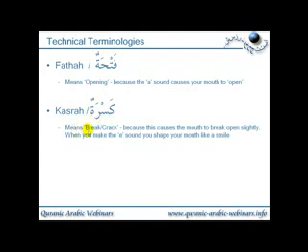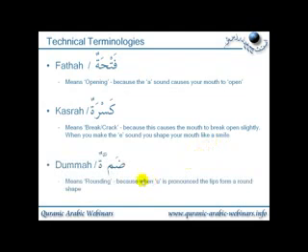Kasrah means break or crack because this causes the mouth to break open slightly, i.e. when you make the E sound you shape your mouth like a smile, which effectively is like a small crack shape. And the last one, Dummah, means rounding because when you make the oo sound the lips form a round shape.